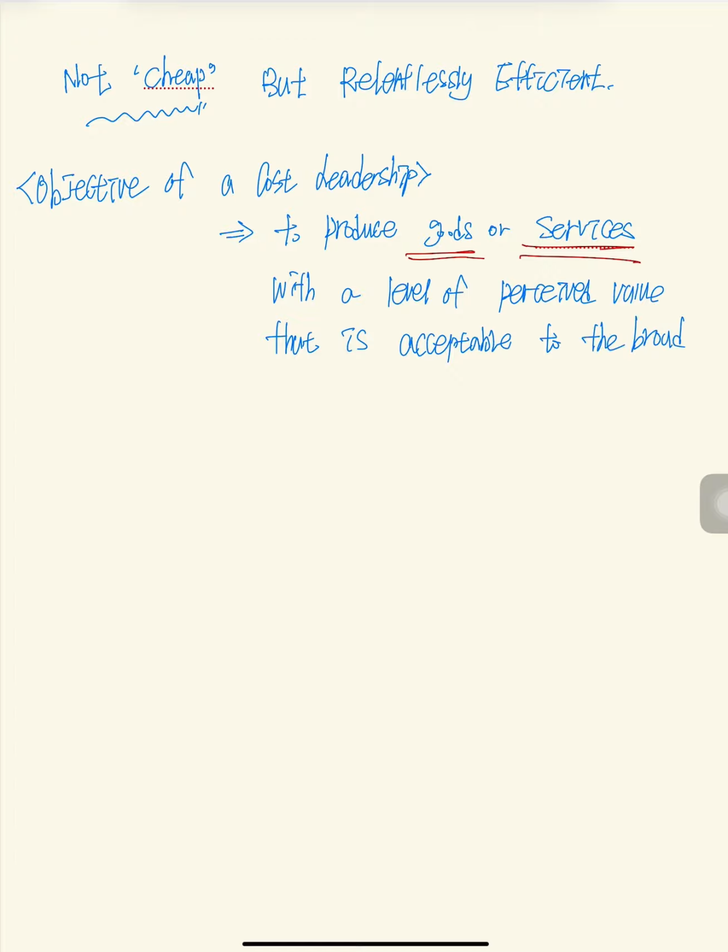Okay? It's not enough. Of course, at a lower total cost than any competitor in the industry.